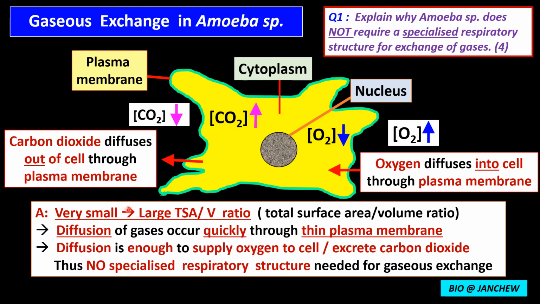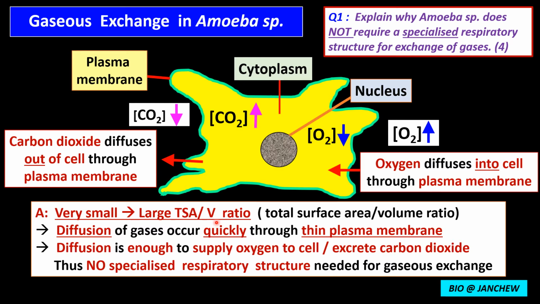Now the reason is because amoeba is very small, and because of that it has a large TSA per V ratio, which is the total surface area to volume ratio. This means that the TSA, or total surface area, is comparatively large compared to the volume.